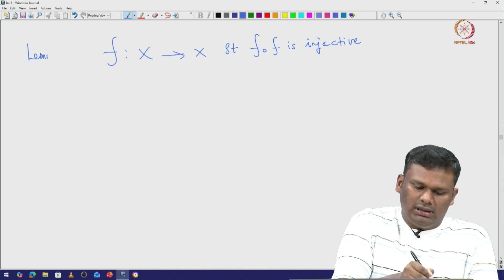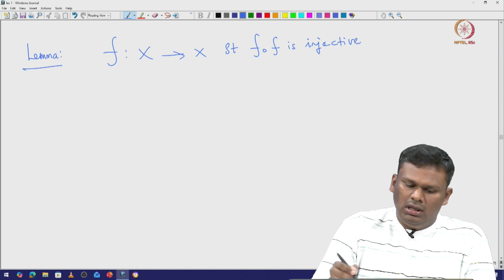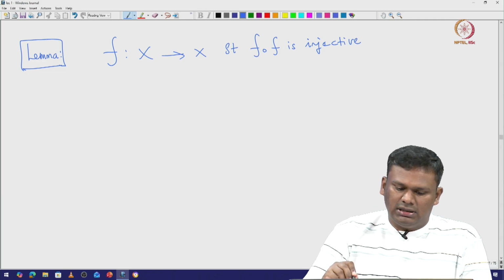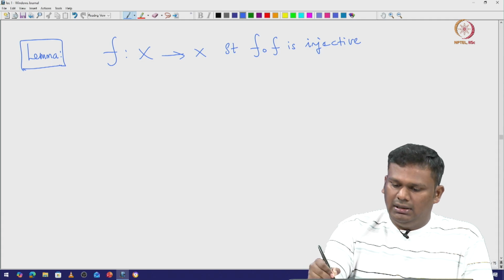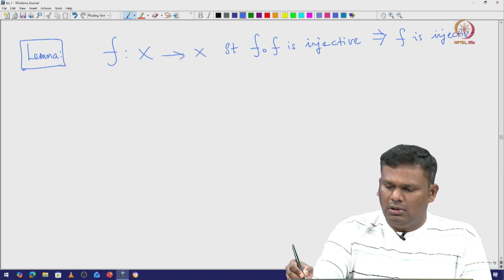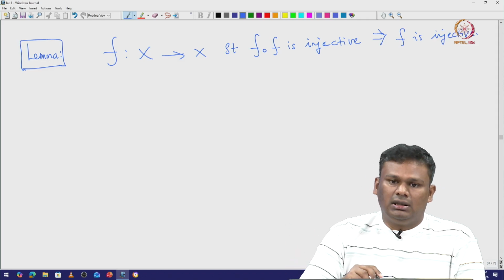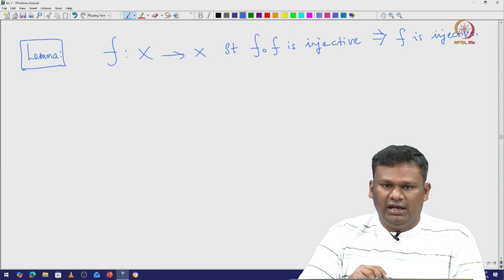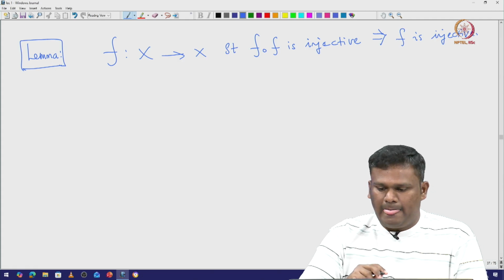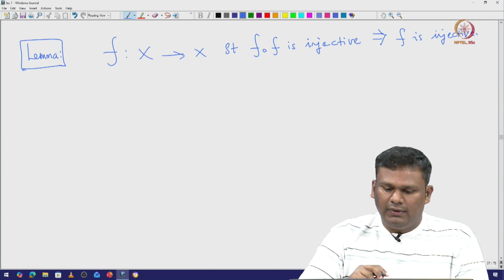You can call it a lemma. If f composition f is injective, then that would imply that f is injective. For example, we defined an involution to be f composition f being identity. So that means f should be injective, according to this lemma.